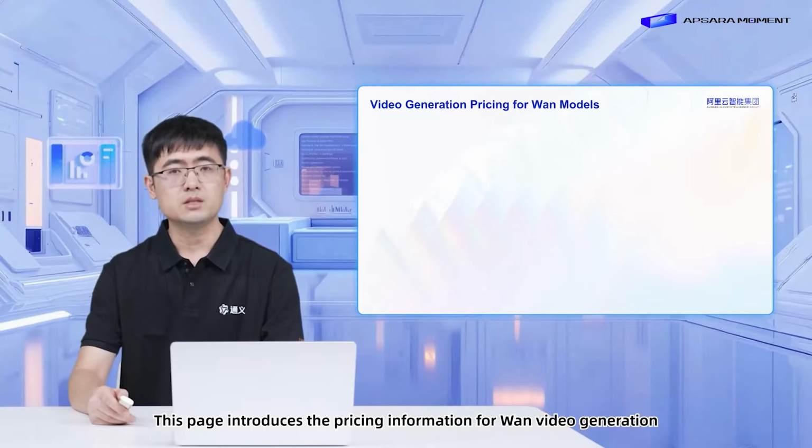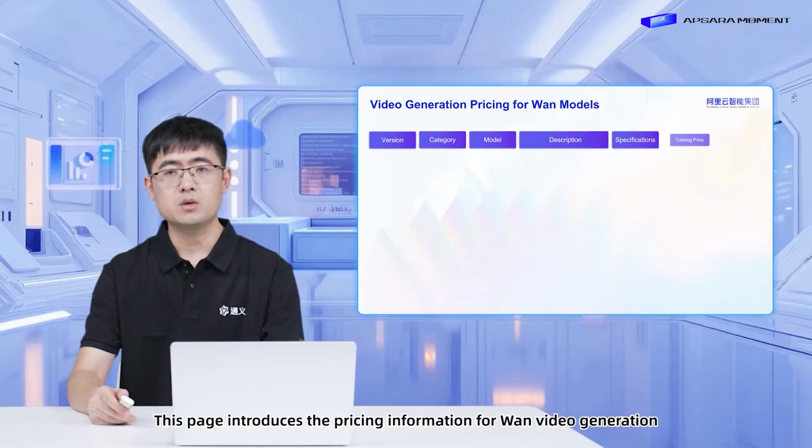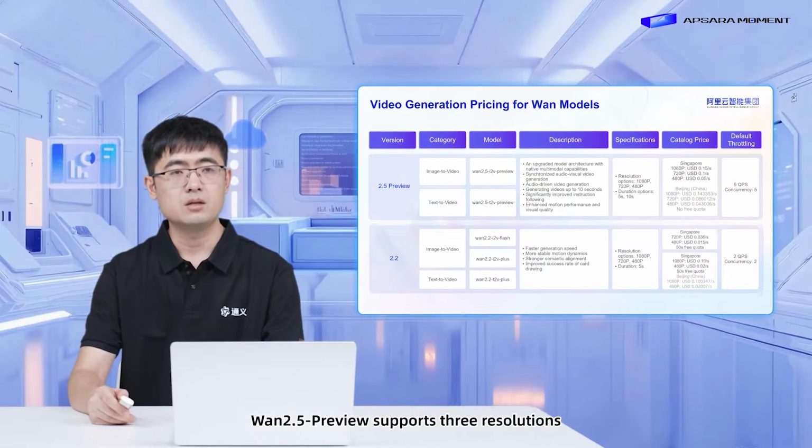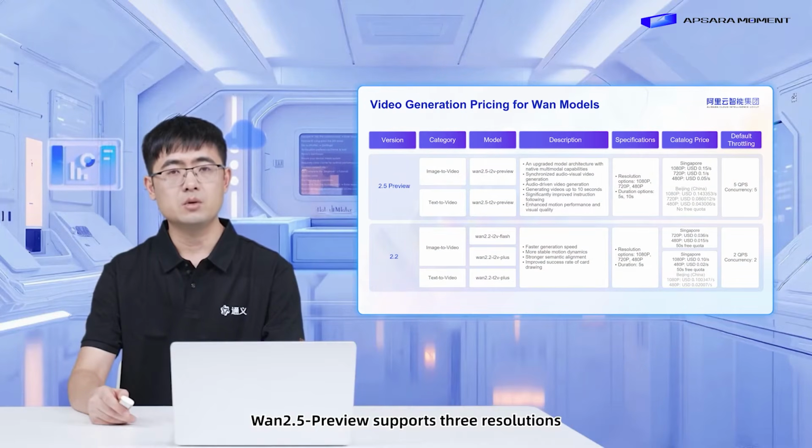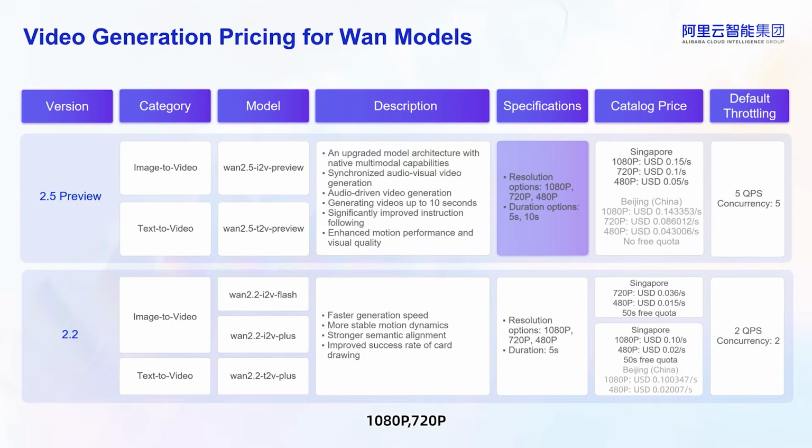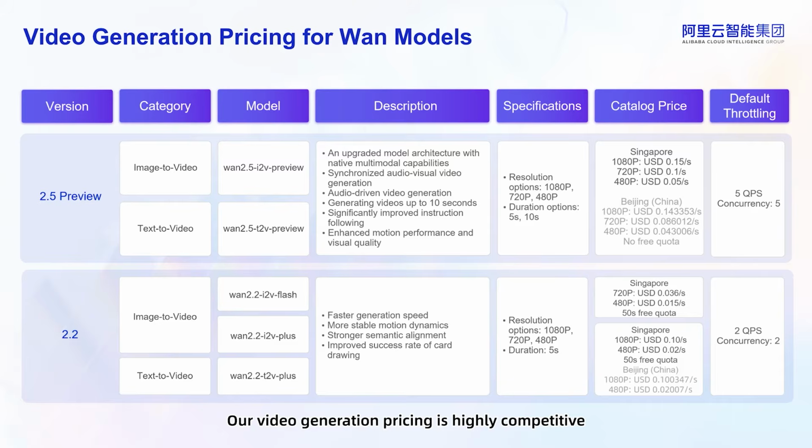This page introduces the pricing information for Wan video generation. Wan2.5 Preview supports 3 resolutions: 1080p, 720p, and 480p, with video generation durations of 5 seconds and 10 seconds. Our video generation pricing is highly competitive.